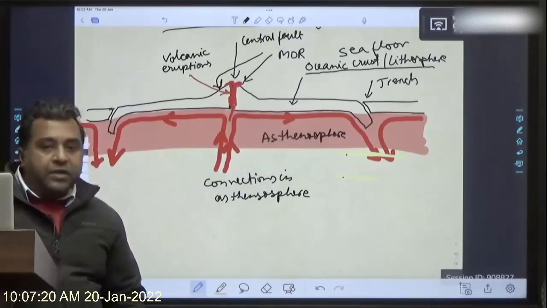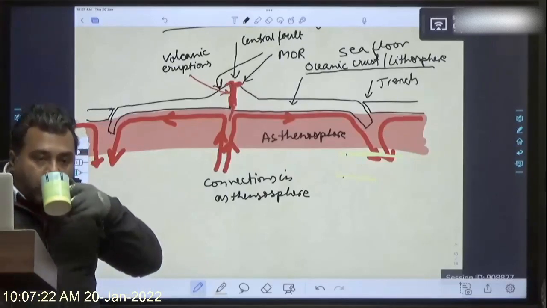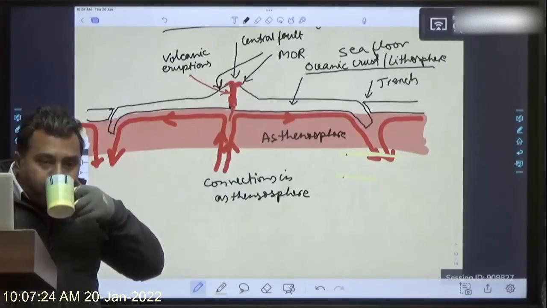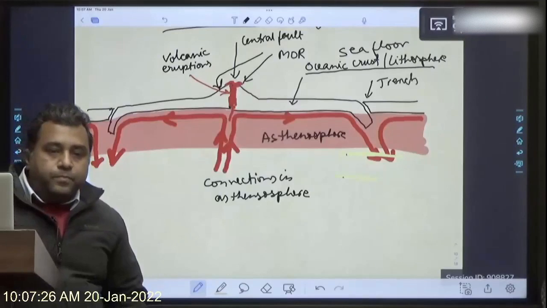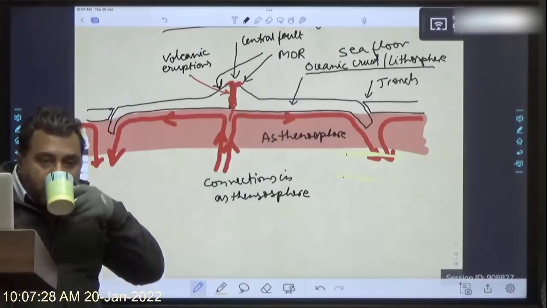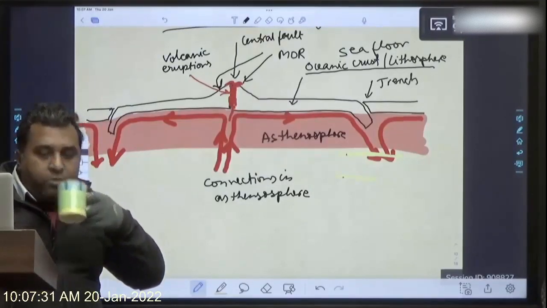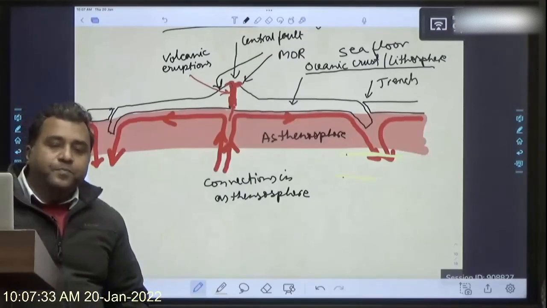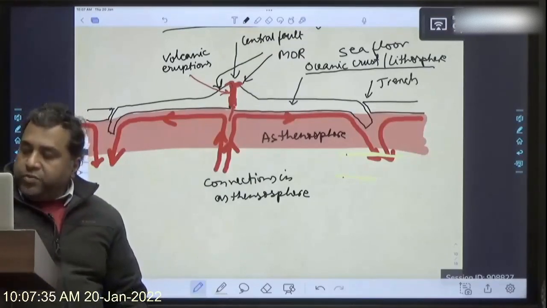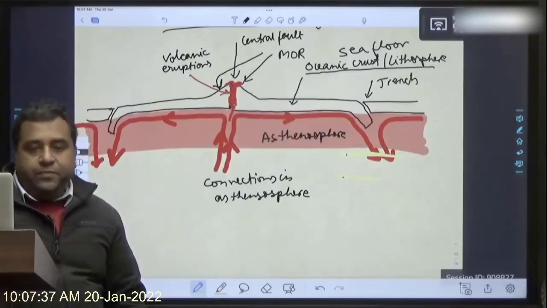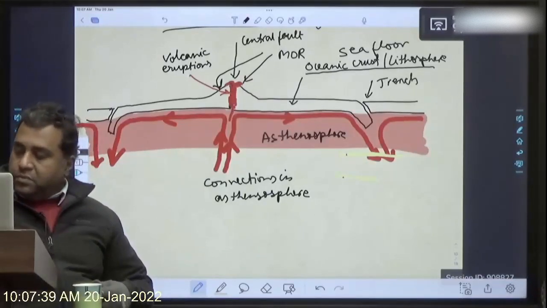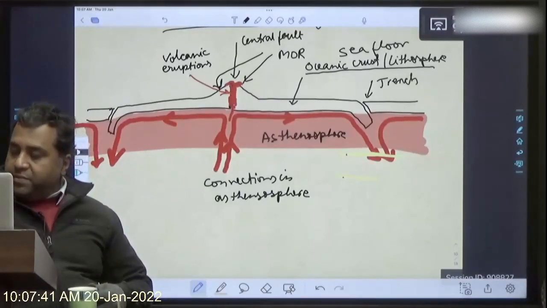So that red colored thing is the volcanic eruption happening. Okay, good. So now once we have drawn this, then we have to write. What is the name of this diagram?